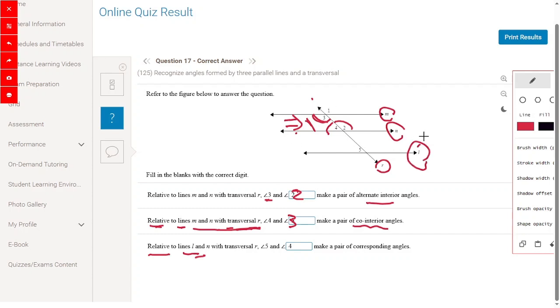This is L and N. Now this side, we have angle 5. They are corresponding angles. So the corresponding angle of angle 5 will be angle 4 because angle 5 is an interior angle. So on the same side, we check for the exterior angle to be the corresponding angle. So it will be angle 4.